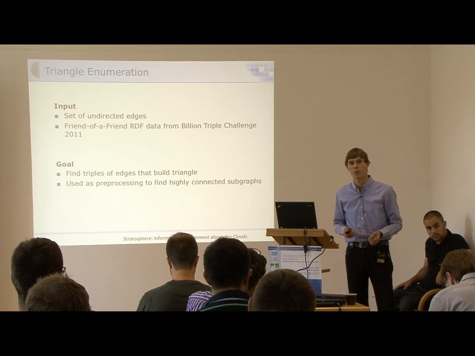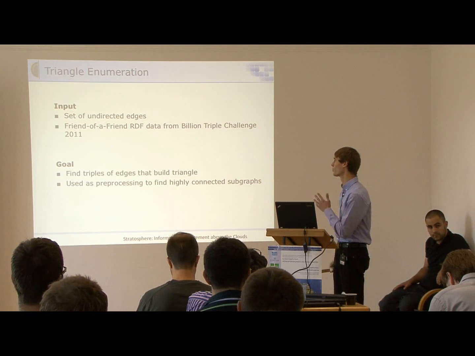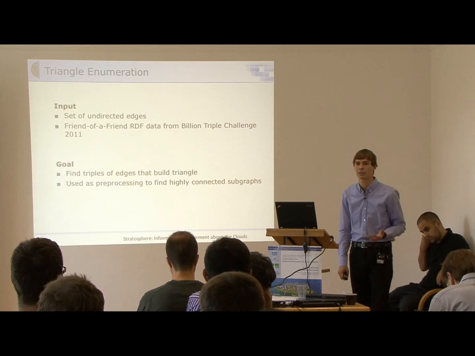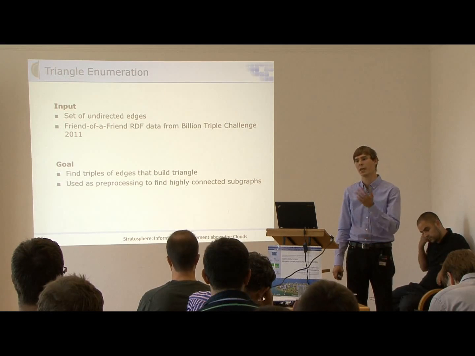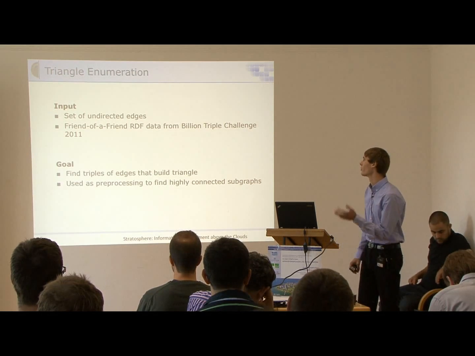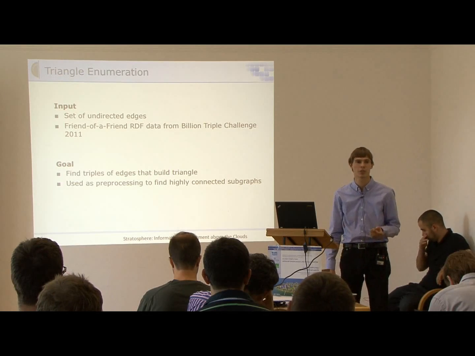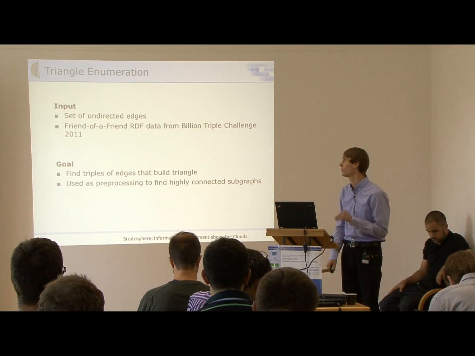What the triangle enumeration algorithm is doing, just as a brief introduction: as input, it takes a set of undirected edges from an undirected graph. For our example, which I will show you later, we took RDF data from the Billion Triple Challenge dataset of this year.